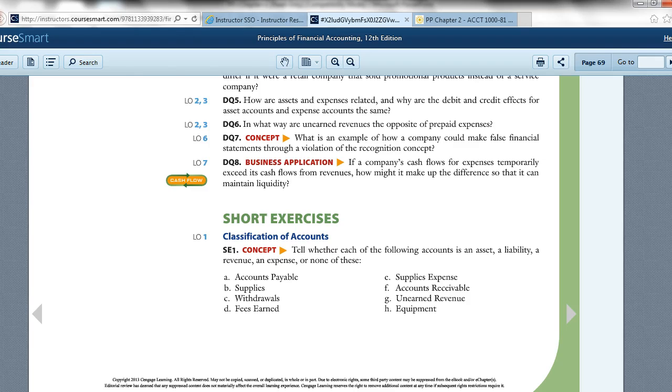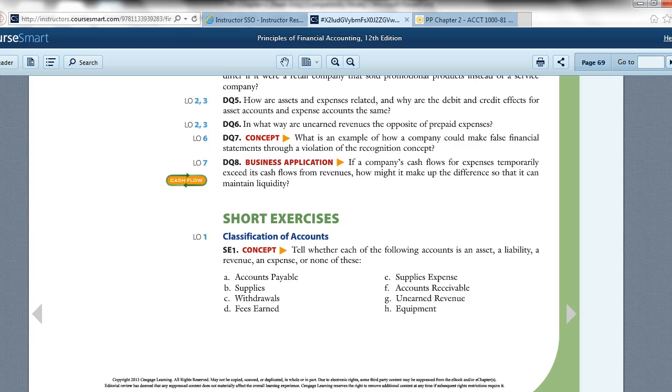Supplies, asset. Withdrawals. Is it an asset? It's none of them, is it? Good. It's owner's equity. Isn't it part of owner's equity ultimately? How about fees earned? Yes. Supplies, expense.